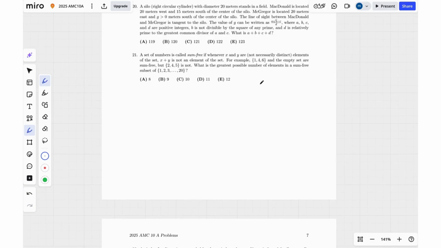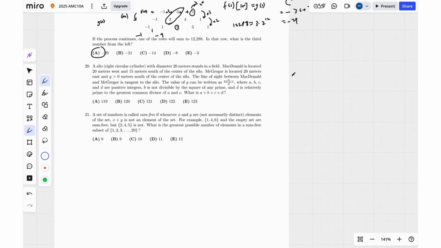Now here, question 20. So for this one, one of the ways is to set a coordinate system if you don't want to do it the harder way. So let's have D equals McDonald. Let's set this to be 0, 0. Let's have the center of the silo be here at 20, 15.